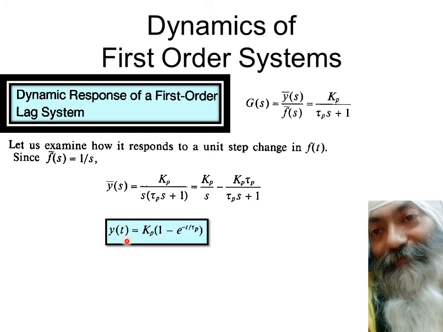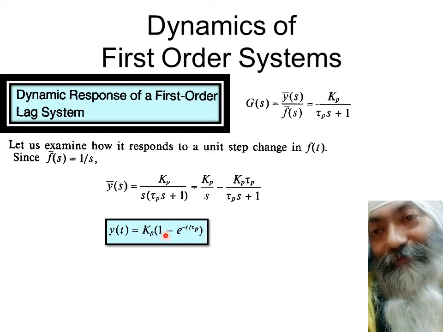They all yielded this result ultimately. So this is the outcome of the first order system, where we have Kp as the gain and tau p as the time constant. That's how it's going to change with respect to time.